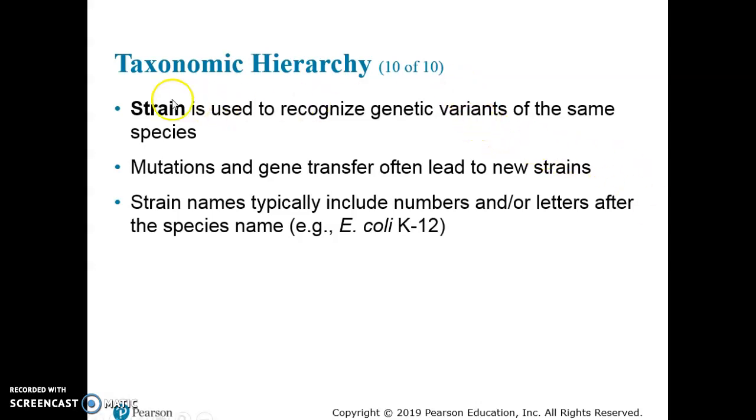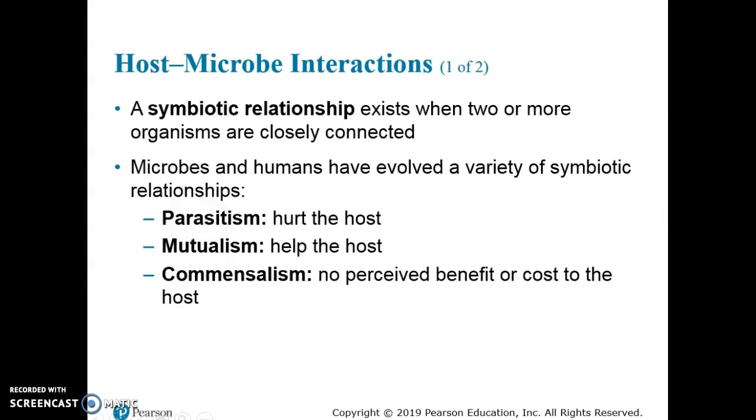How do you get new strains? You have mutations that occur at the DNA level, and there are also gene transfers, where genetic material from one cell can get transferred over to another cell. All right, host microbe interactions. We are interacting with many microbes all the time, daily, constantly.